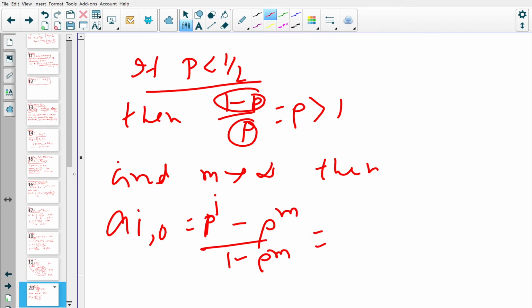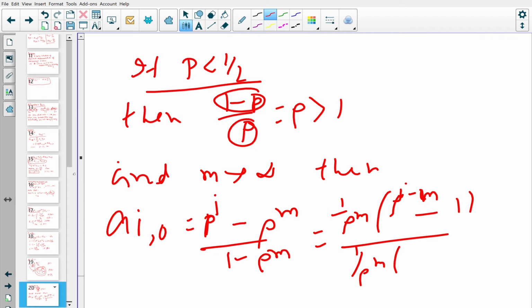So you can write this as 1 by rho power m times (rho power i minus rho power m), with the negative power, so rho power minus m. This gets cancelled, right?